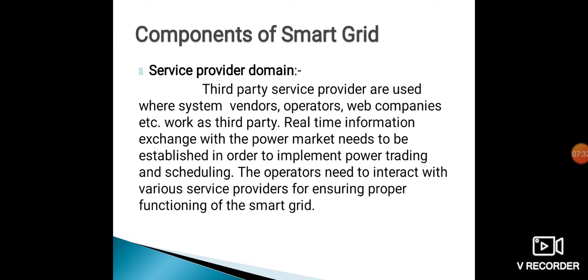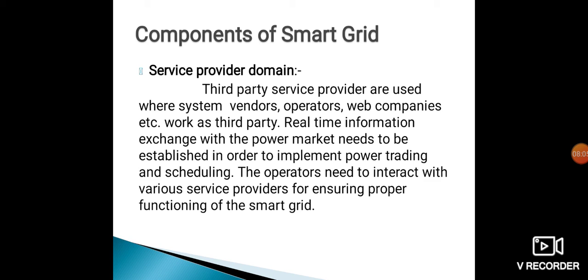Real time information exchange with the power market needs to be established in order to implement power trading and scheduling. The exact condition of electricity or the information of power consumption should be made available to encourage the power market needs, implement power trading and scheduling of the power for the rural areas.